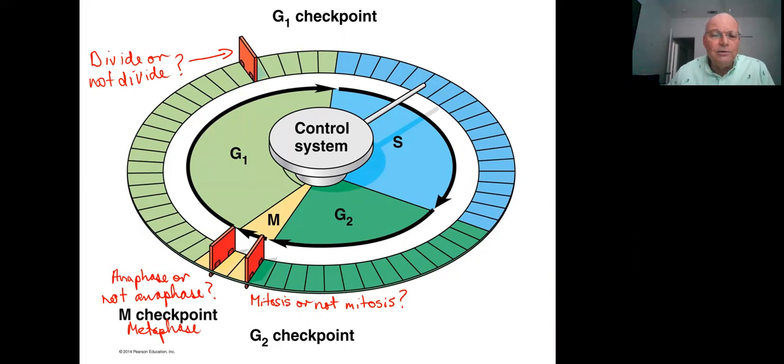If they fail the G2 checkpoint and the M checkpoint, then there are mechanisms in place that take those cells and kill them off, by virtue of the fact that these cells can no longer be allowed to divide because they're not in a healthy state to divide. If it's possible for an internal repair, if it's just a simple error, then that can potentially take place.